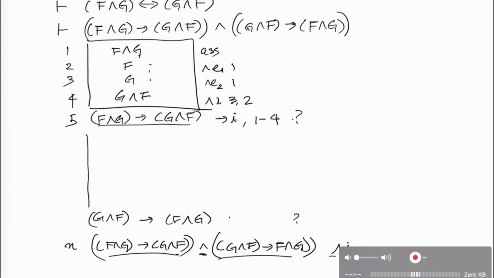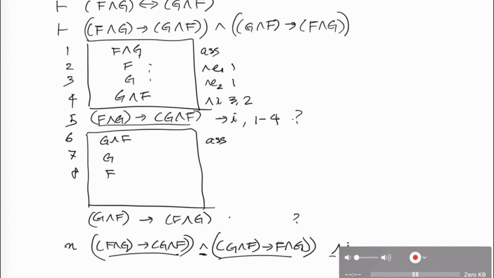So what we are going to do is, at line 6 we assume G and F, and at line 7 we get G, at line 8 we get F. This is our assumption, and for G this is conjunction elimination from line 6, actually the first version.